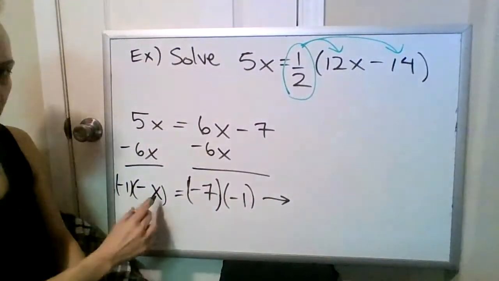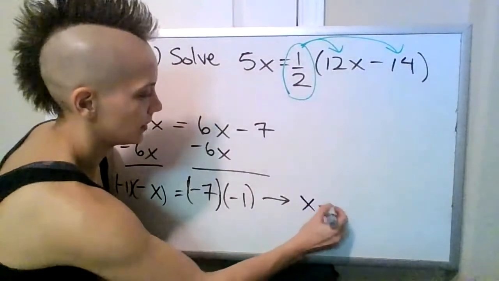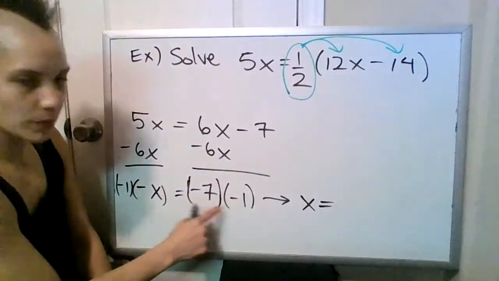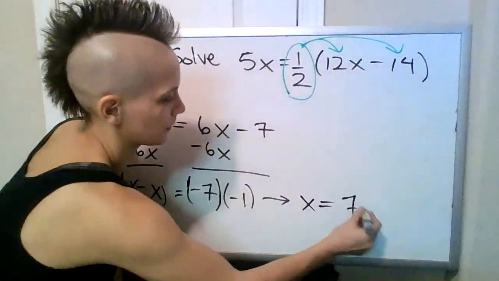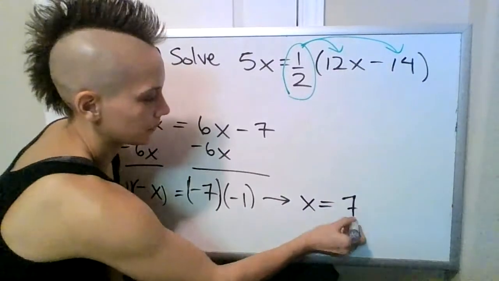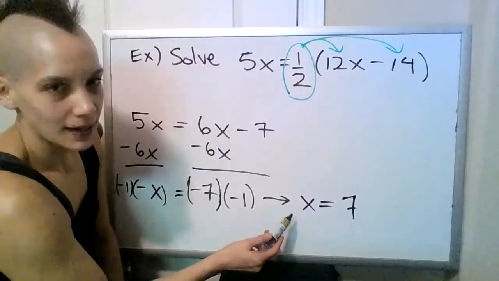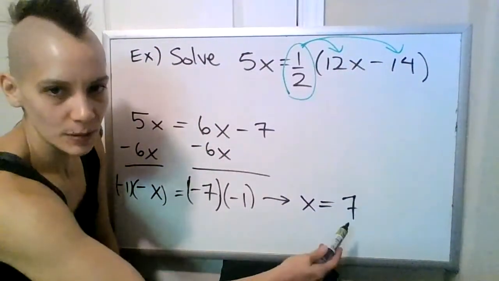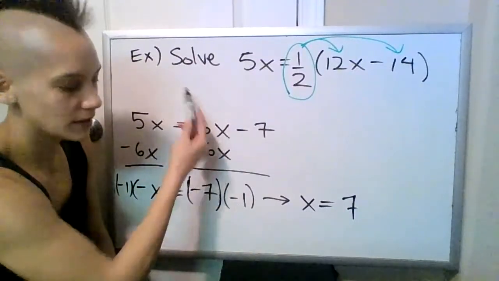Okay, so it's a positive x equal to +7. I don't know, it's my style to circle this, but before I do, I'm going to go check it on the side.